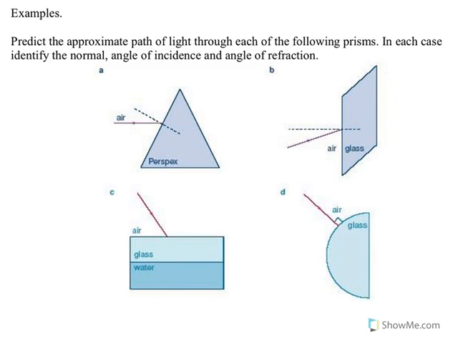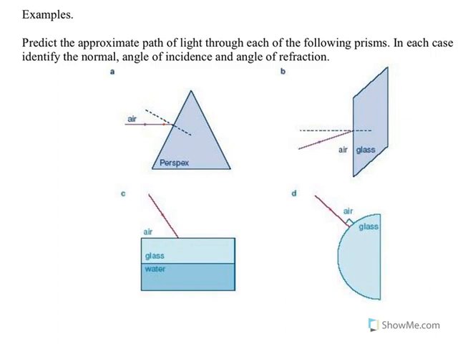Does it bend towards or away from the normal? So the first one, we're going from air to perspex. Perspex is a bit more optically dense, so instead of going straight through, it's going to go a bit towards the normal, so like that.